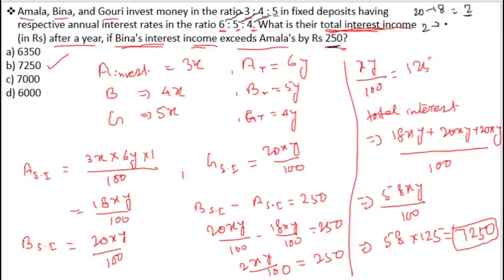So if 2 equals 250, then 1 will be equal to 125 if you divide both sides by 2. And the total interest income: this is 5 times 4 is 20, this is also 20, so 40, and this is 18. So 58 will be equal to 7250. It is as simple as that.